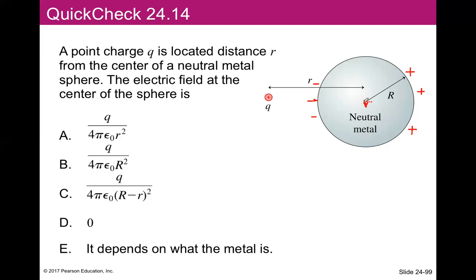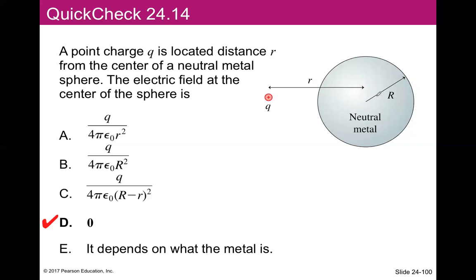If you draw a Gaussian surface here, or there, or there, no matter which Gaussian surface you draw, there shouldn't be any net charge. Then what's the electric field at that point?